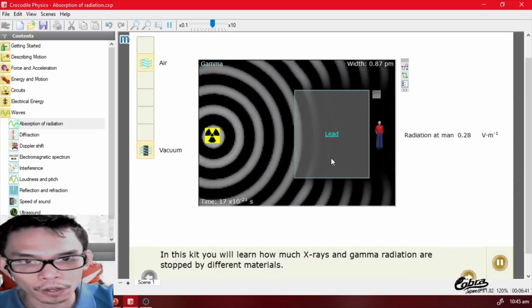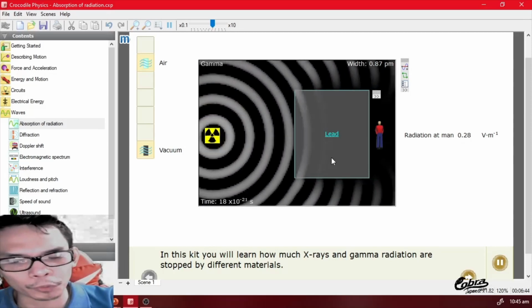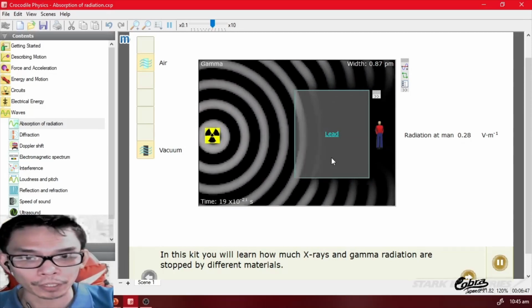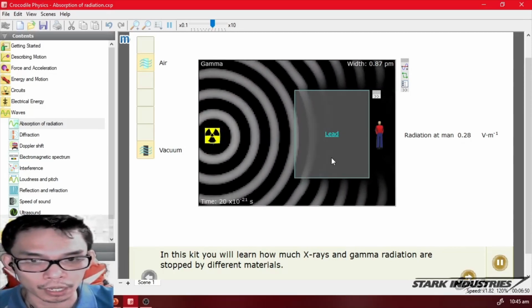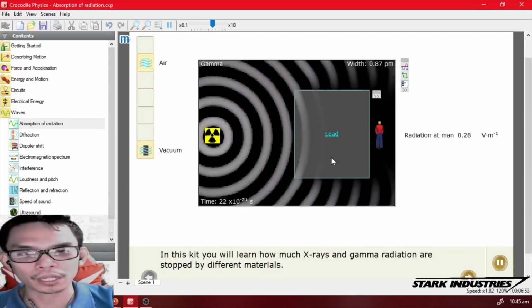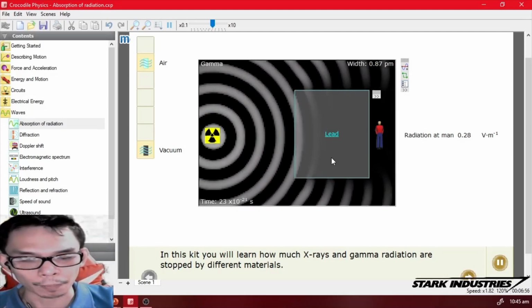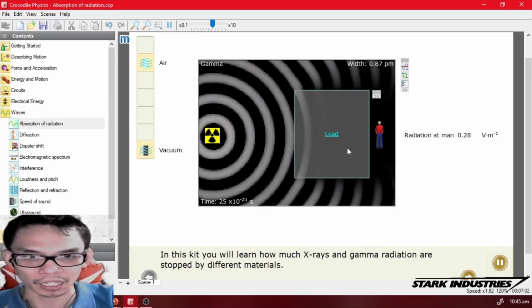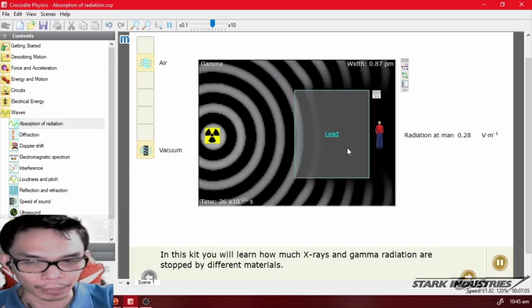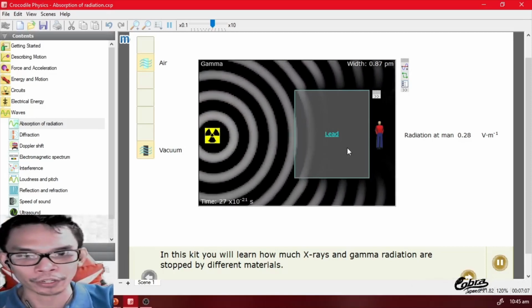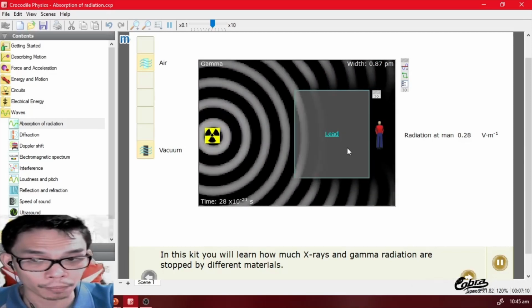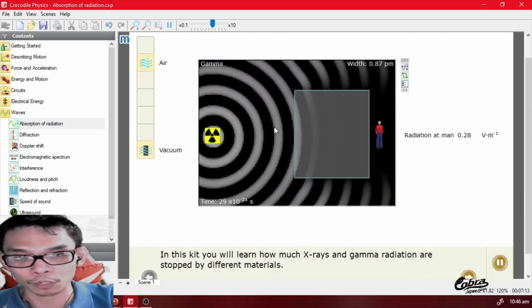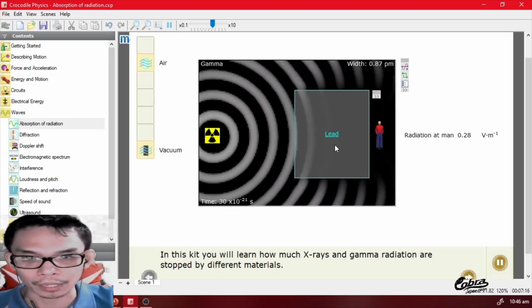Now you may ask, what are the properties of lead which make it good for shielding us from ionizing radiation? Number one is its density. Lead has one of the highest densities of all the elements, so it protects us from ionizing radiation by exploiting its density.